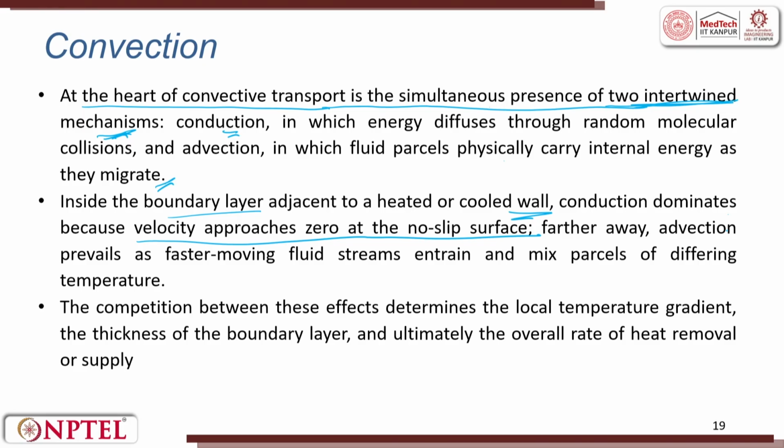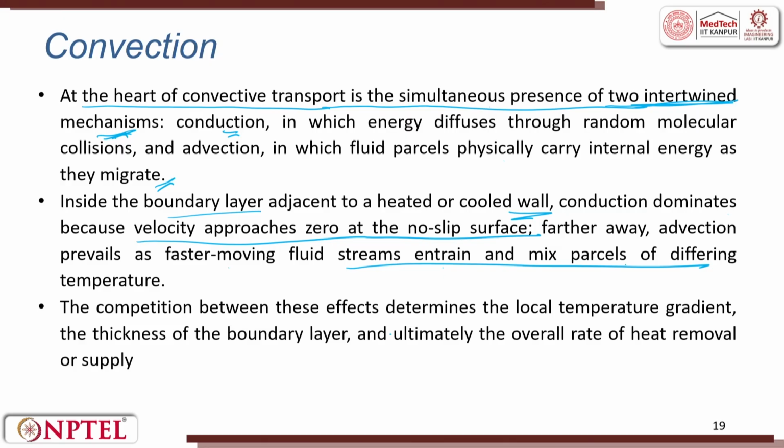Further away, advection prevails as faster moving fluid streams entrain and mix parcels of different temperature. So, these are parcels of mixed temperature, advection. That is what is called conduction plus advection, and it has become convection.